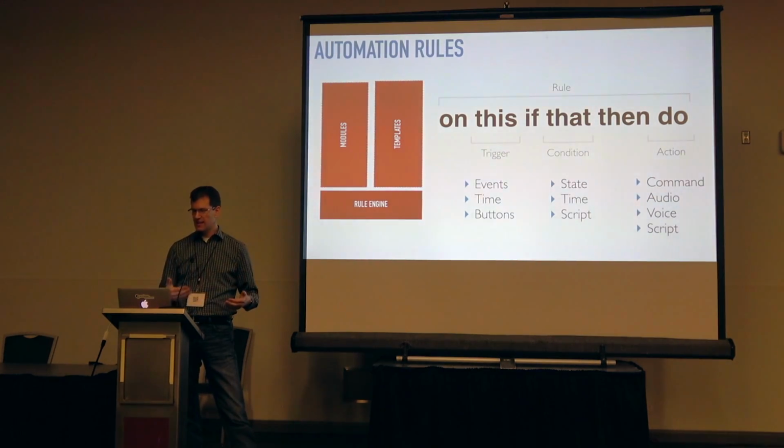We try to extend that concept to be more powerful by having also conditions to say, well, okay, this rule should only be done during the week but not on the weekend, or only while I'm at home but not when I'm gone, and stuff like that. And we also allow any kind of triggers and conditions and actions within a rule.